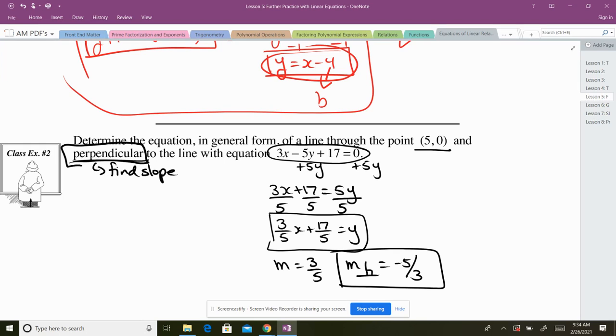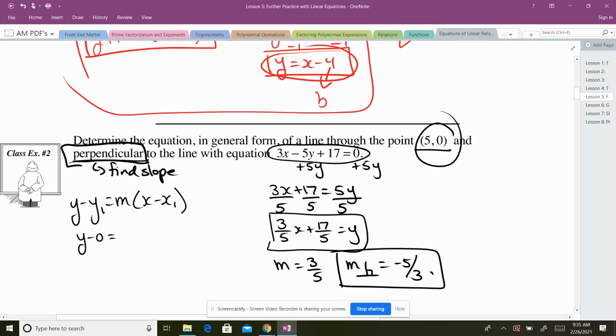All right. Okay. I have the slope. I have a point. Which equation are we going to use? Point slope. And then just plug everything in.